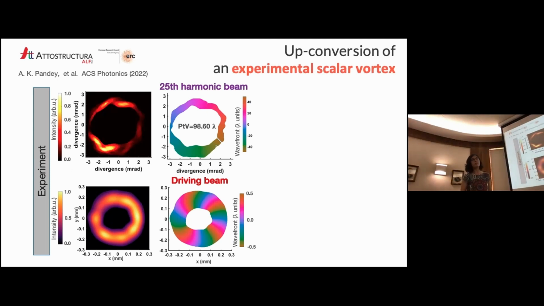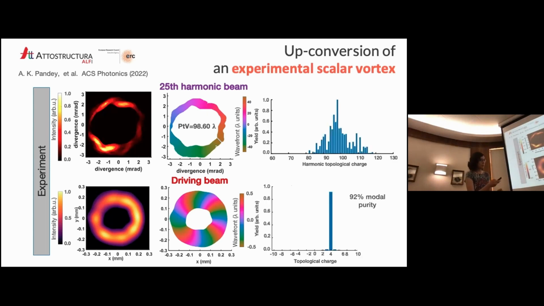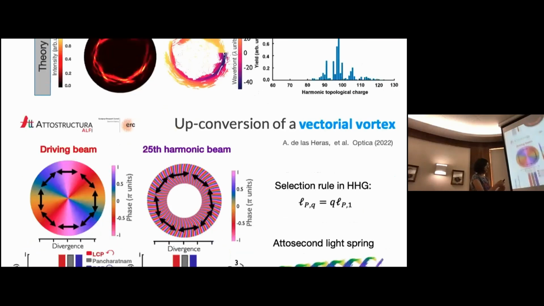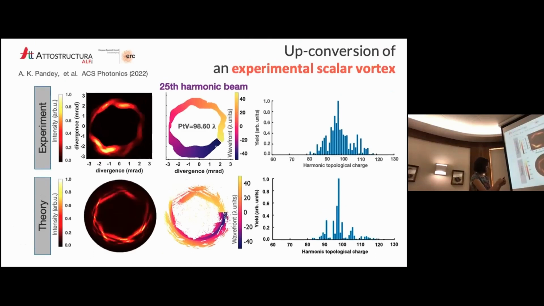Indeed, if we do the azimuthal Fourier transform in this case, we observe that minor impurities in the driving beam are greatly amplified in the process of high harmonic generation. And we have checked this also in our numerical calculations, where we take as input the experimental driving beam, and then we are able to qualitatively reproduce the experimental results.